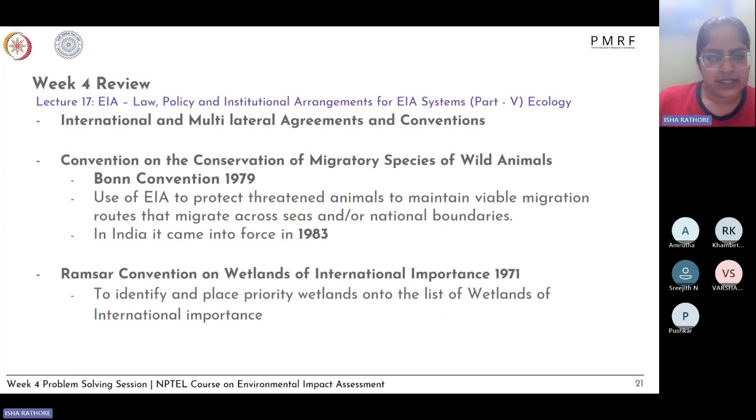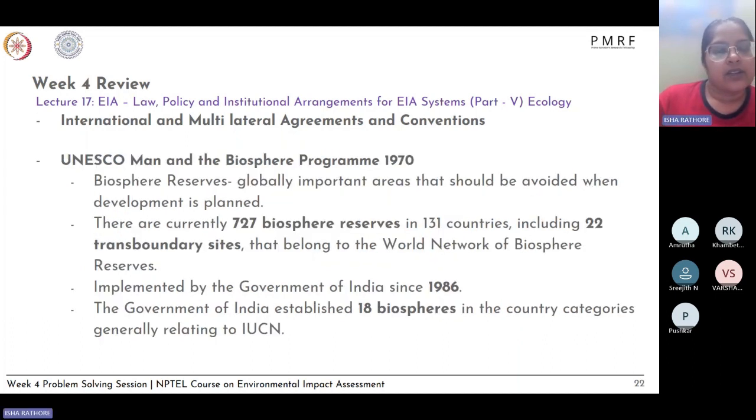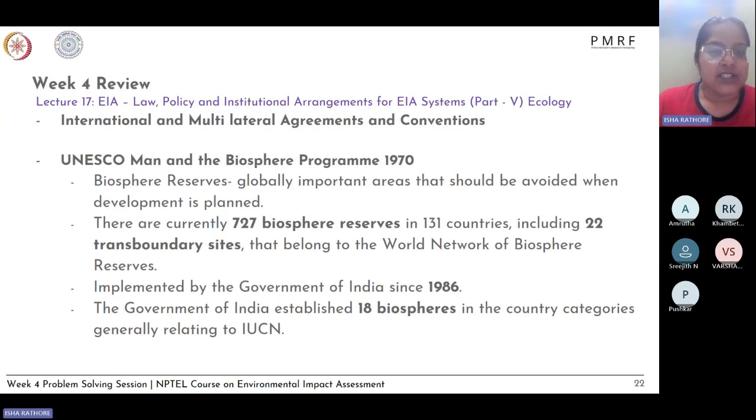Then we have the 1971 Ramsar Convention on Wetlands of International Importance. This convention identifies and places priority on wetlands on the list of wetlands of international importance. So we identify wetland areas which are to be conserved. We also had the UNESCO Man and the Biosphere Program of 1970.